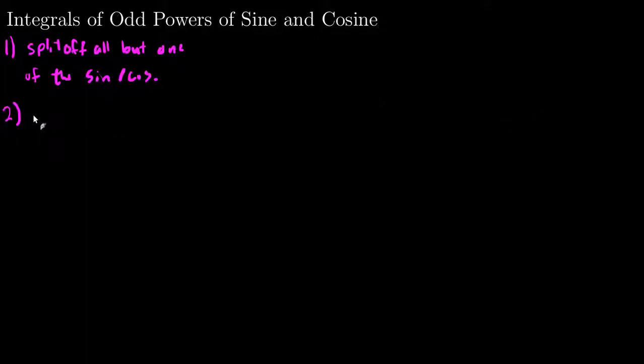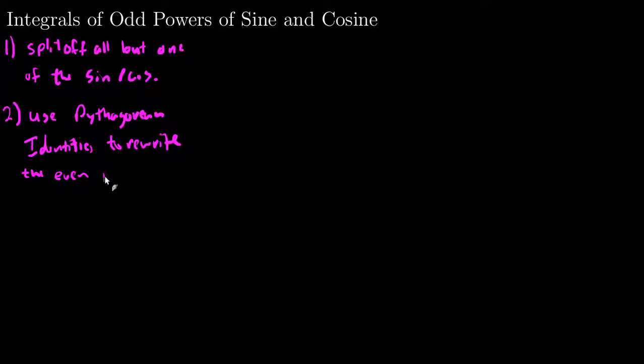Second, we're going to use the Pythagorean identities to rewrite the even power. Third thing, we'll use U substitution.